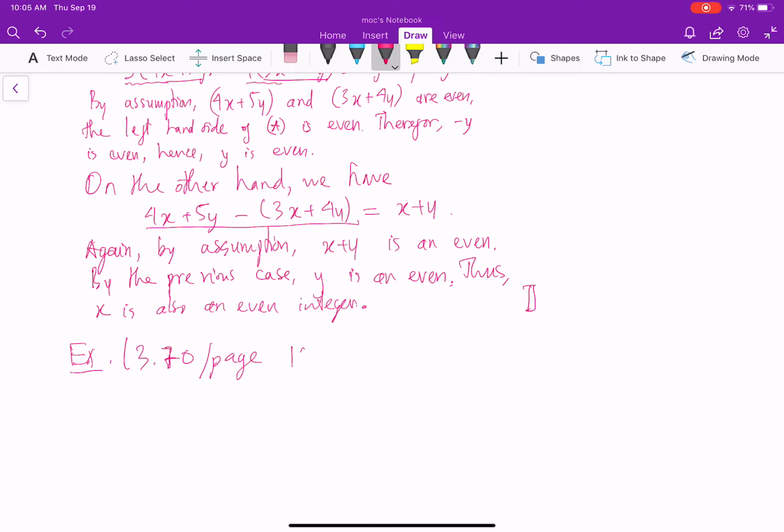I'll just give you a hint on how to solve this problem. Since this is a bonus, you don't have to solve it, but I really hope that you can solve it by yourself.